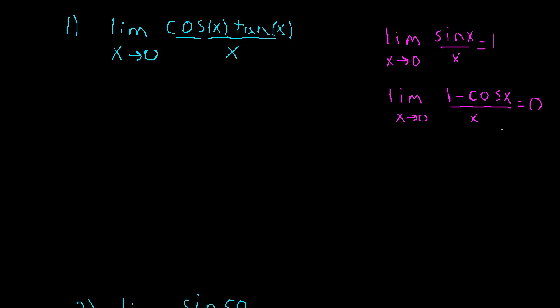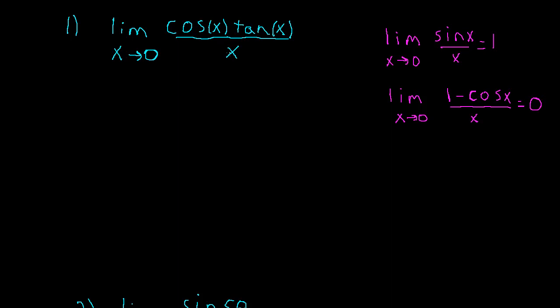We're just going to assume that we know this to be true, as well as this limit as well. Okay, so looking at this problem right here, we'll notice that we have a cosine up top, a tangent, and then this x down below, preventing us from directly plugging 0 in and evaluating it. If we plug 0 in, we get 0 in the numerator and 0 in the denominator.